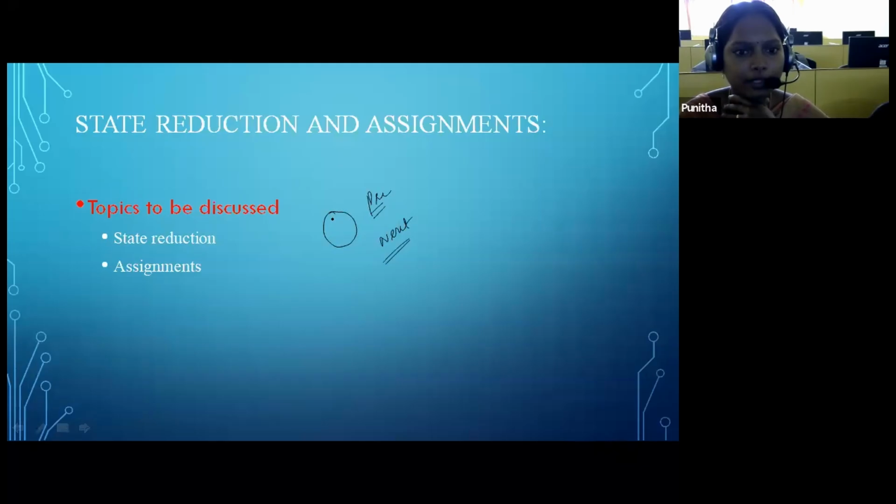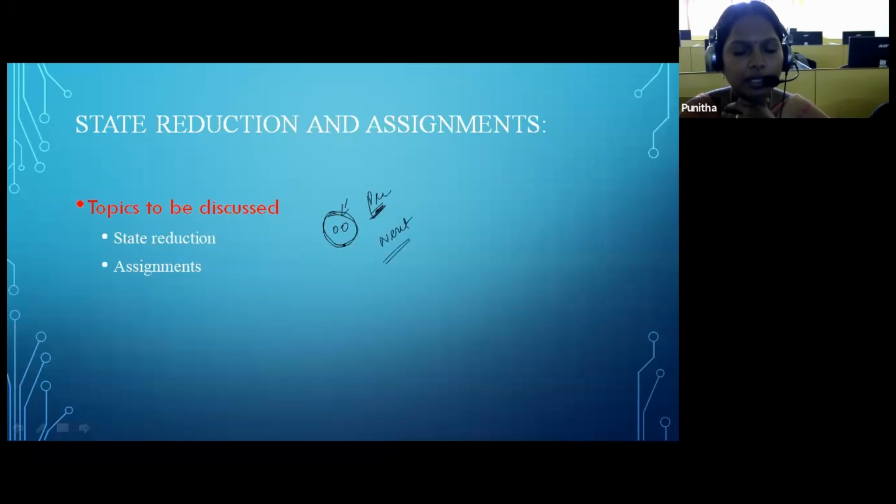In a diagram, we will represent the state in a circle shape. If it is the state 00, this is the state 00. Before applying any input, that state we call the present state.